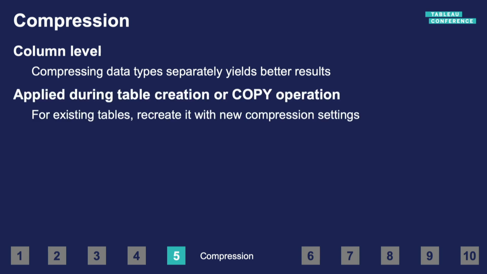It's more performant because you read more data per disk block. Remember, we're reading disk blocks regardless, so the more data on each disk block, the faster it's going to be. And it saves you storage. So you want to do that. You want to create the table with compression, and you want to do a copy operation because it compresses the data on the fly.